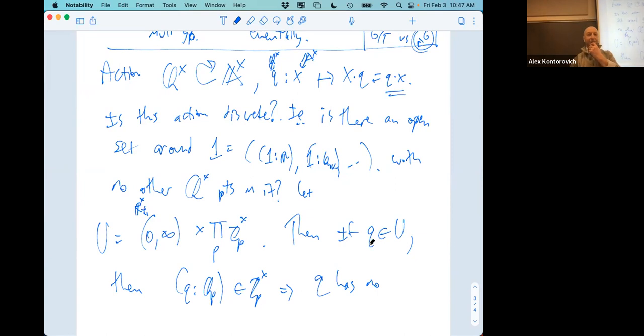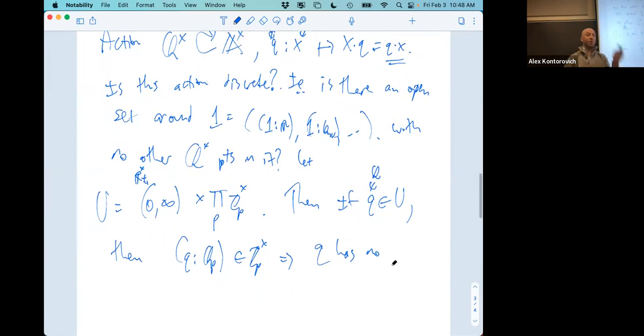Then if q, by which I mean a rational number, is in U, then its embedding into Qp is in Zp, which means q has no numerators or denominators dividing p. It has no p's in the numerator, because otherwise you wouldn't be in Zp, nor in the denominator.